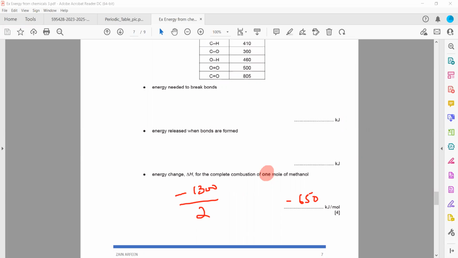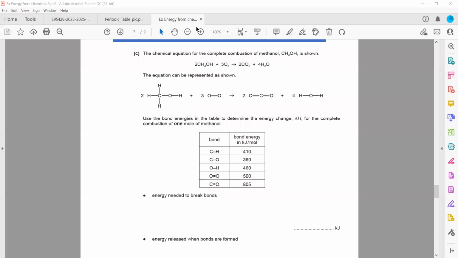Is it clear? The reason for dividing the last value by 2 is that in the equation we had 2 moles of methanol, so the energy change we calculated is for 2 moles, but in the question they are asking for 1. That's why we divided by 2.